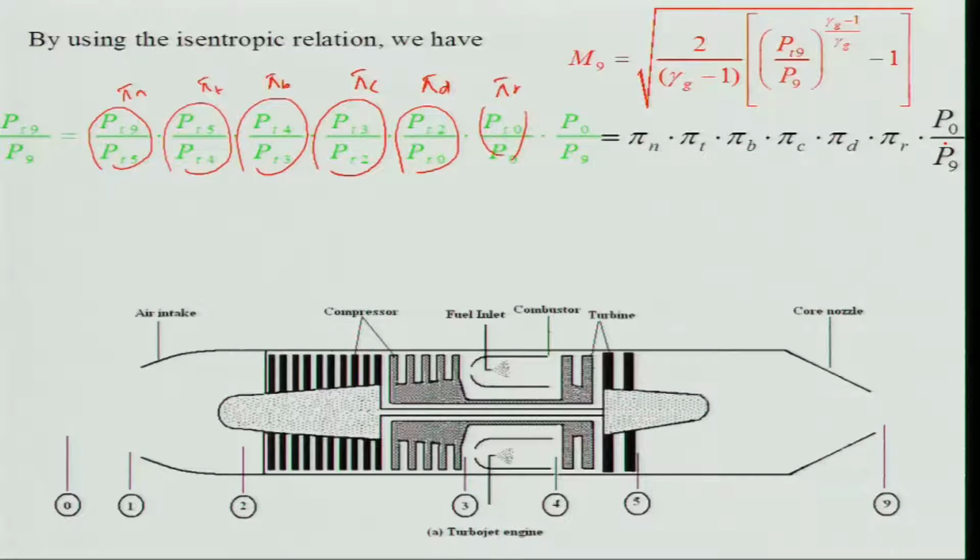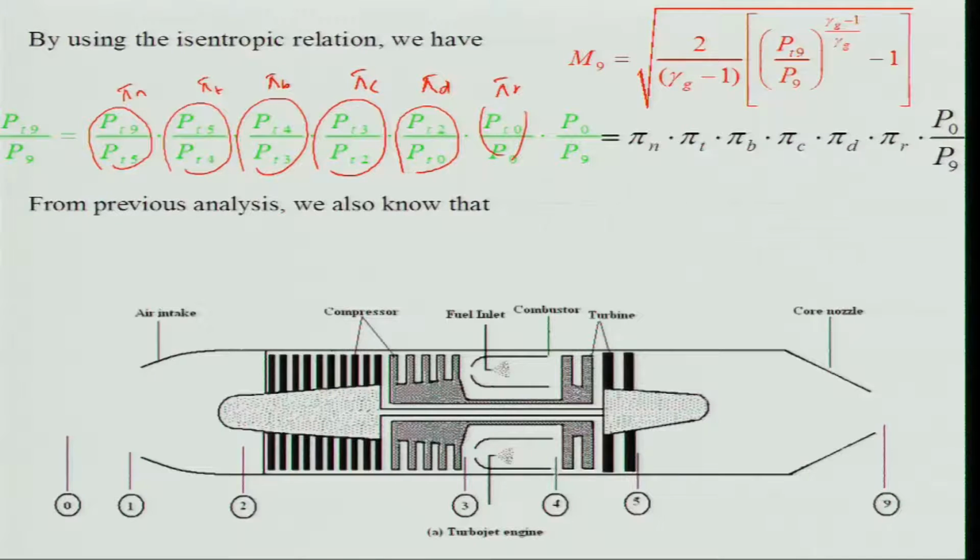You do not know really what the exit pressure will be, because there are various losses, and P9 will be decided by these losses. P0 of course you can find out, it is the ambient. So it is not that easy to find. However, if it is a convergent nozzle, you can do it very easily.